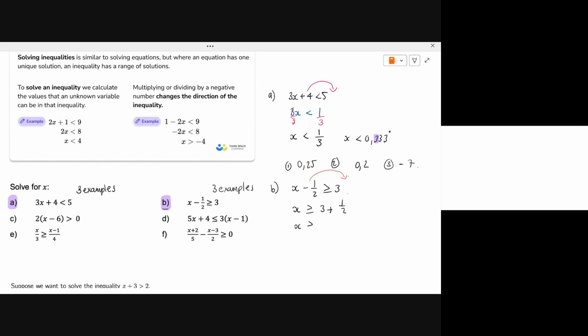We'll just call it x is greater than or equal to 3.5. Now, I want you guys to note that this part over here, which we call the crocodile mouth, opens towards x, which means x is the bigger number. We want the numbers that are bigger than 3.5.